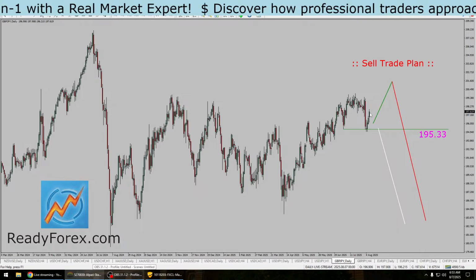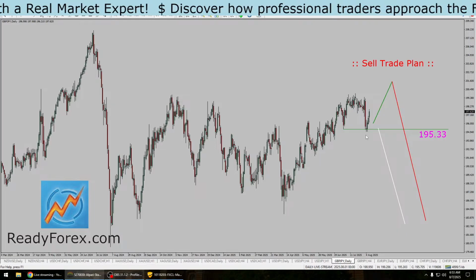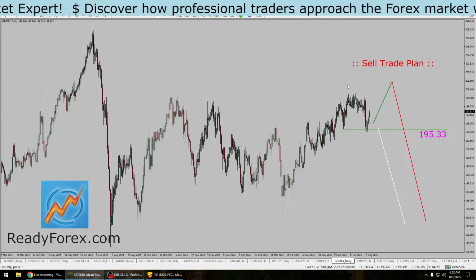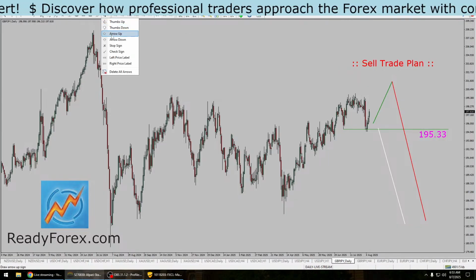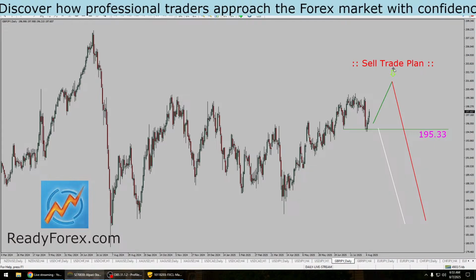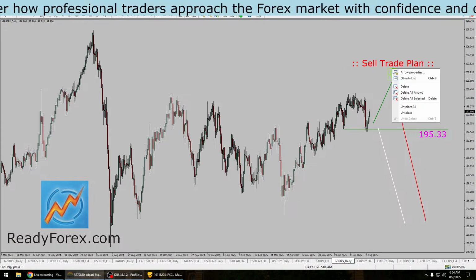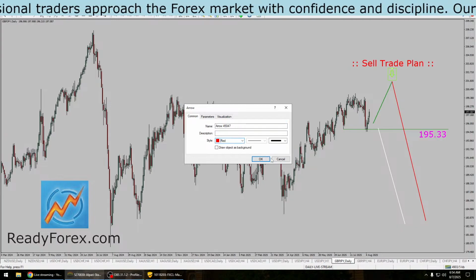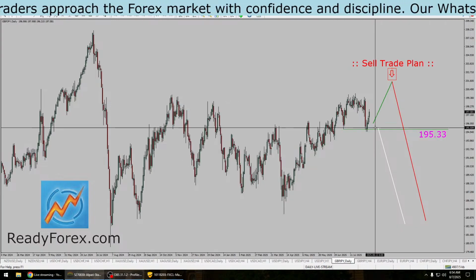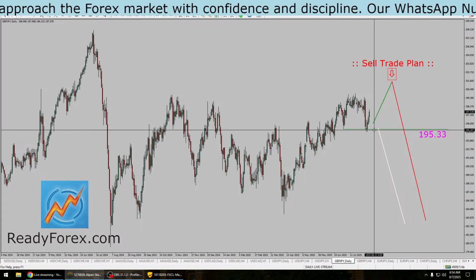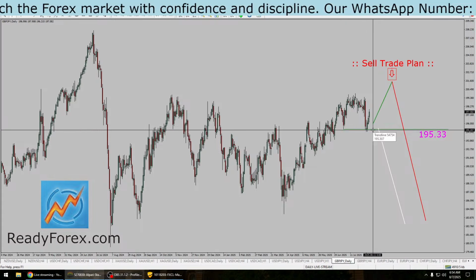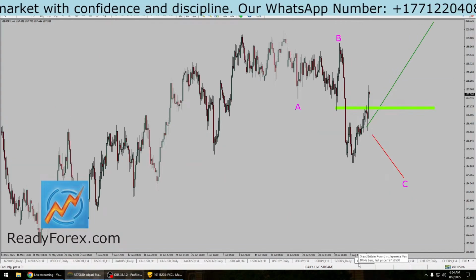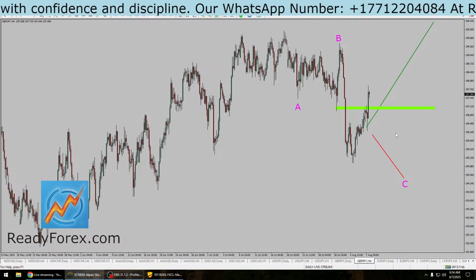GBPJPY price action is trying to rise up over here, and if we get a new high in price action, then look for a possible sell trade set up over there. Otherwise, wait outside. Or another idea is to wait for the price action to break below 195.33 support area, and then look for a potential sell trade.